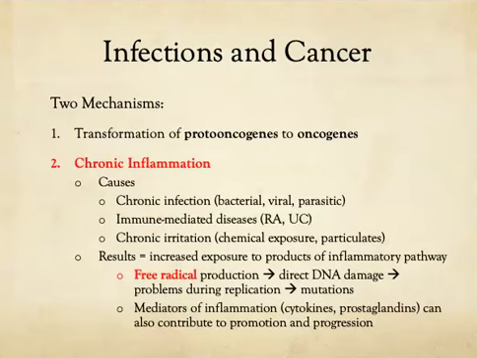So if there are initiated cells in the area, and again, they may have become initiated by being exposed to free radicals, those cells can then go through promotion and progression by being exposed to ordinary, everyday inflammatory chemicals. And of course, any cell that goes through initiation and promotion and progression has the potential to become a cancer.